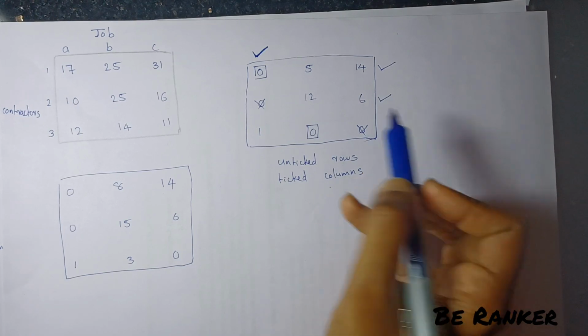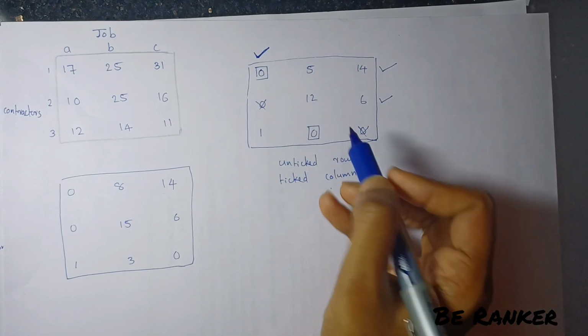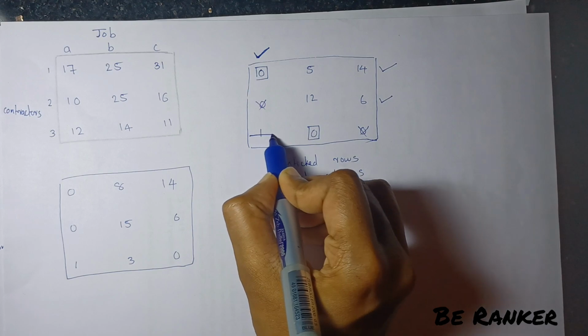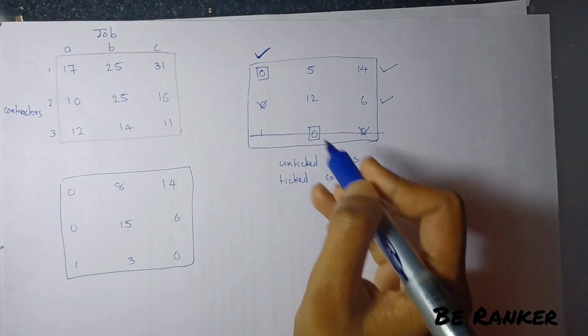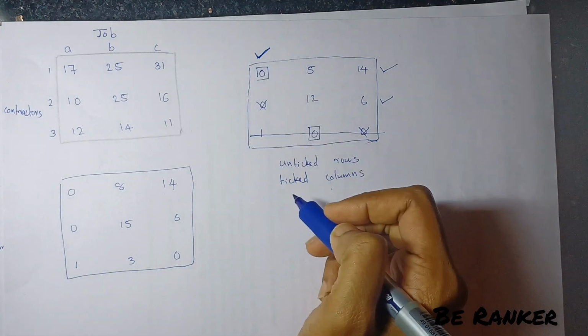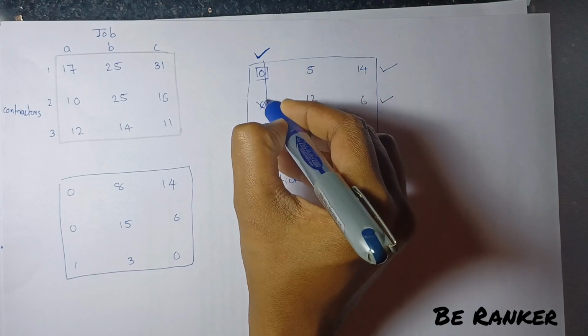Here the third row is the unpicked row, so I draw a line here. And the picked column is the first column, so I also draw a line here.